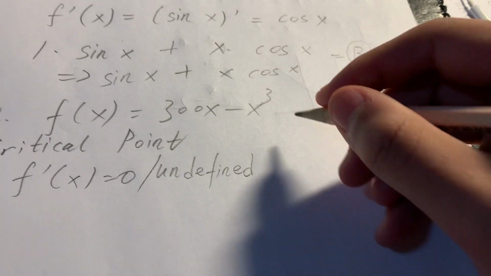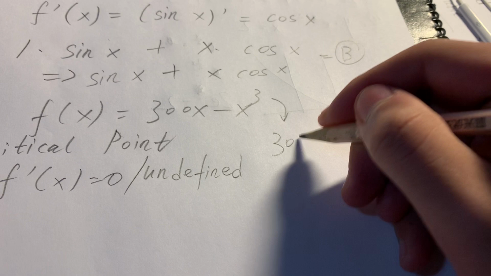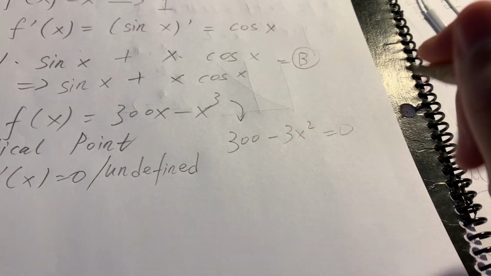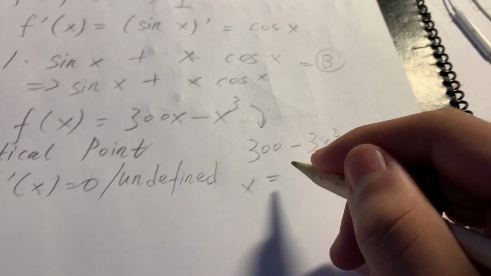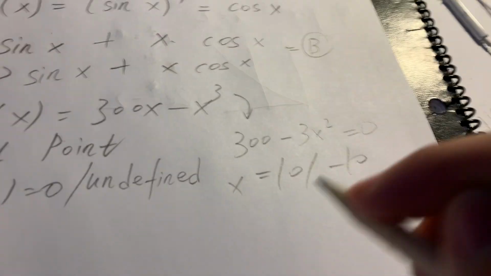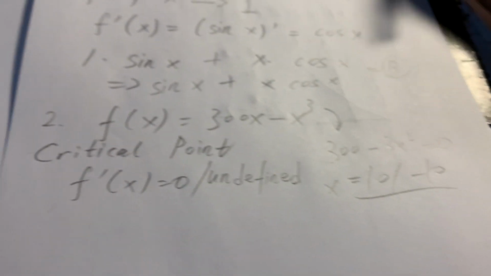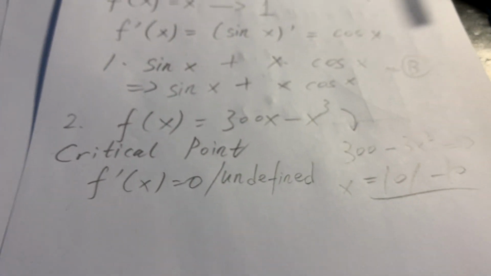In this case, the derivative is 300 minus 3x squared. Setting this equal to 0, it has the solutions of 10 and negative 10. So this will be the answer, where between negative 10 and 10 the function is increasing.